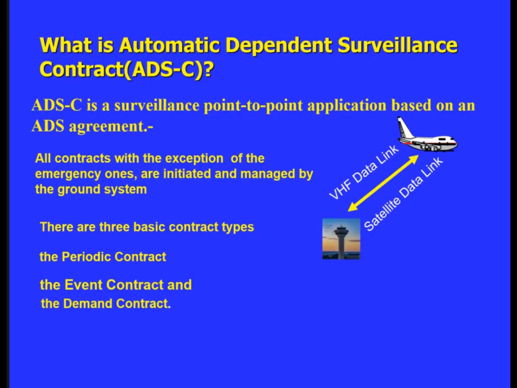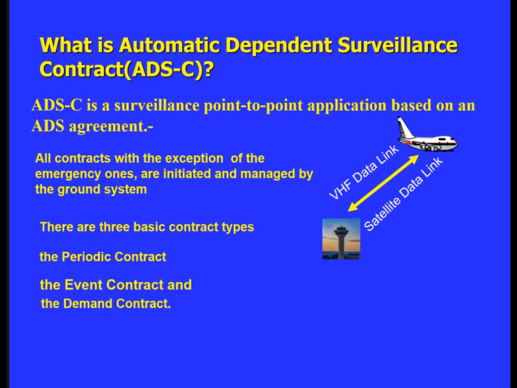Only one periodic contract can be established between a ground system and a specified aircraft at any one time. Once a periodic contract is established, it remains in place until it is cancelled or replaced by another periodic contract.